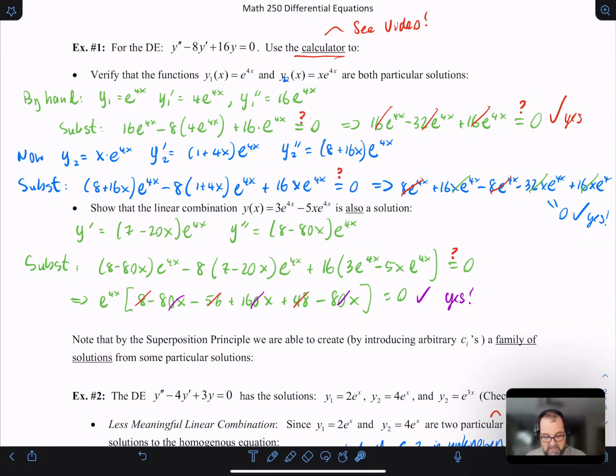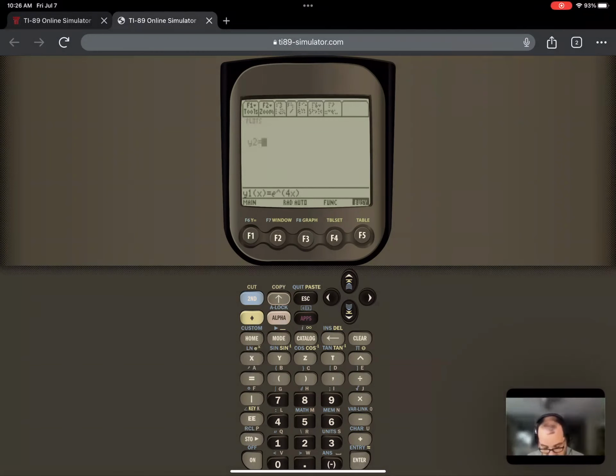This is what I would do to check this. I am going to start by going to my y equals button, the green star button. I am going to put in y1 the first function I want to check, which is e to the 4x.